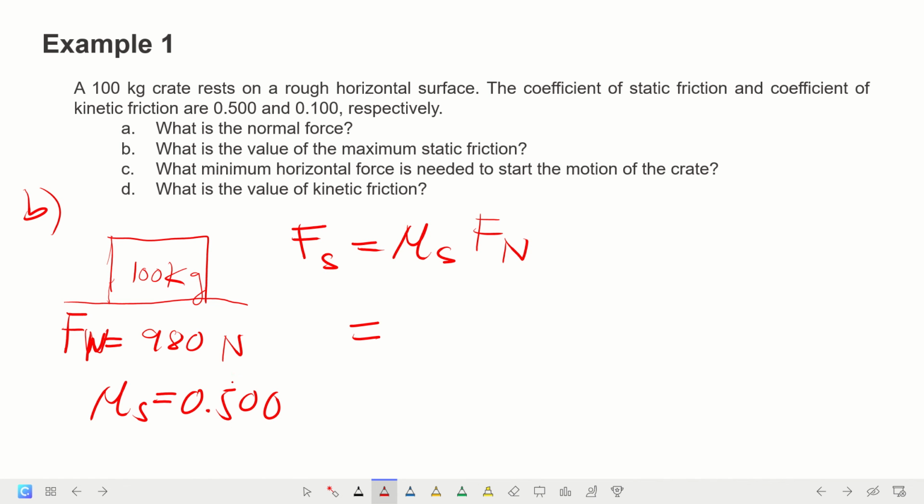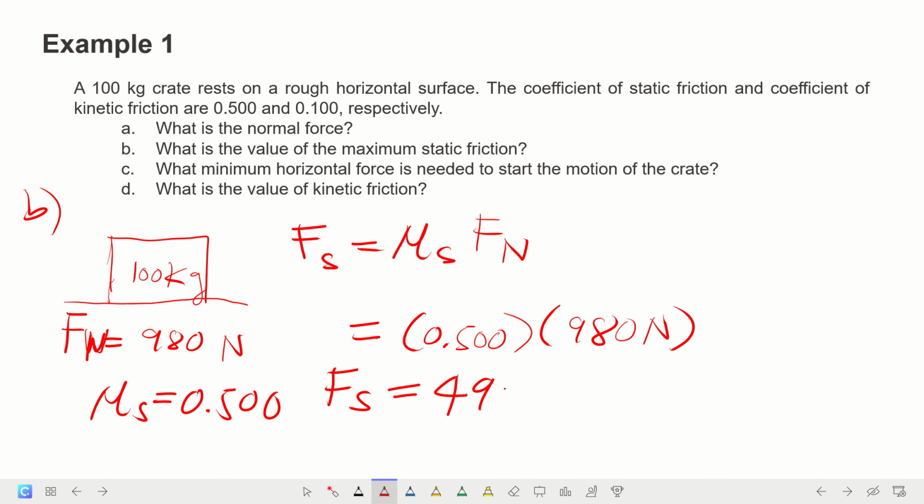So substitute natin to dito sa ating equation. So we have 0.5 times 980 newtons. Kalahati ng 980 is 490. So the maximum static friction is 490 newtons.